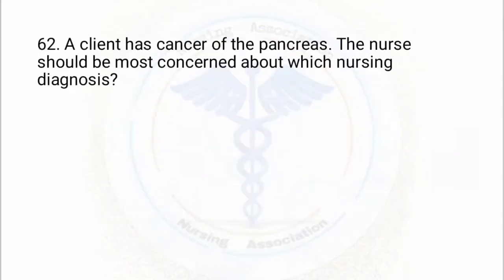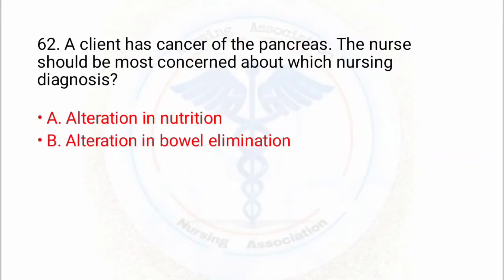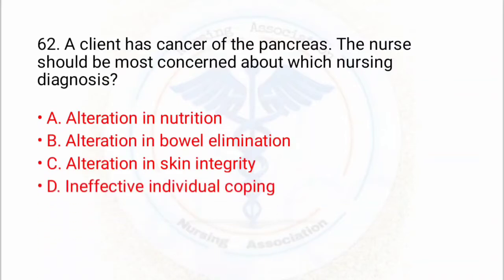Moving on further, 62. The client has cancer of the pancreas. The nurse should be the most concerned about which nursing diagnosis? A, alteration in nutrition. B, alteration in bowel elimination. C, alteration in skin integrity. And D, ineffective individual coping.